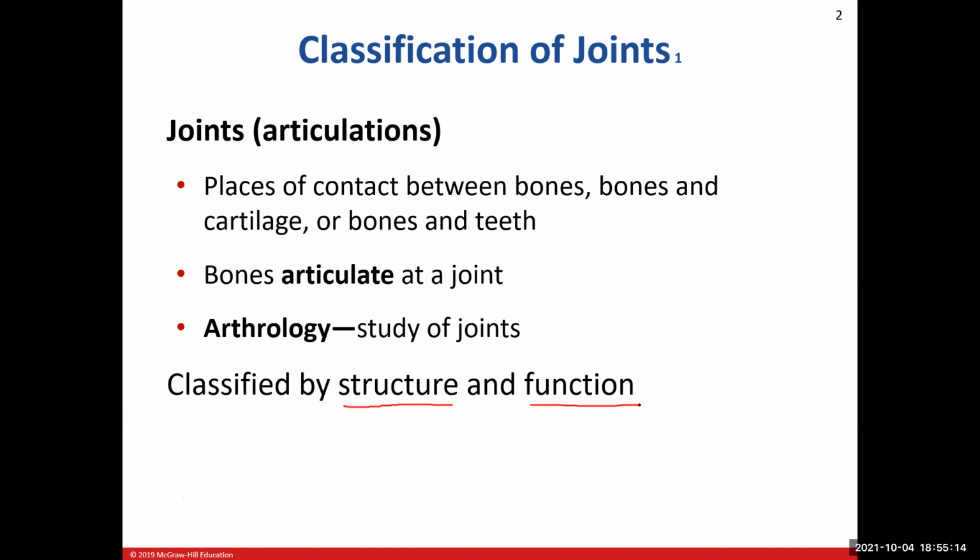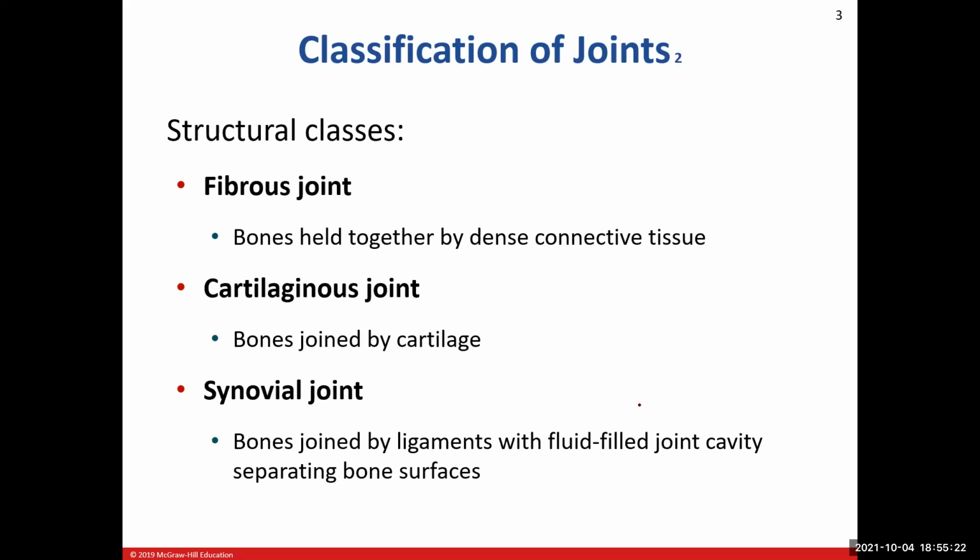Structure and form is anatomy, function is physiology. So we're going to classify these joints by how they structurally are, what they look like, and then also by what they do or how they move.